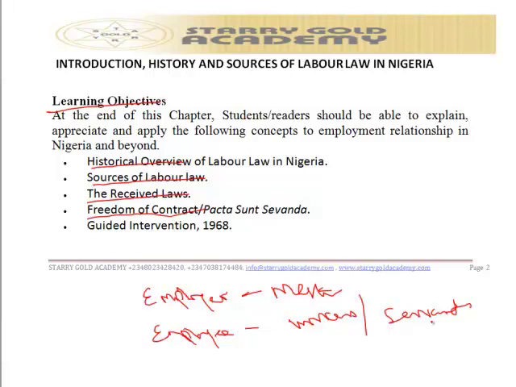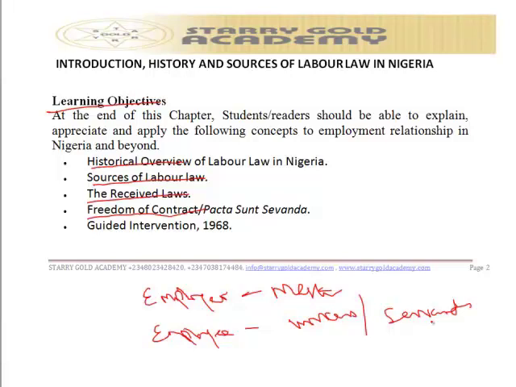When we are talking of capitalism, we are talking of an individual that owns property. And this situation accounted for the struggle between labor and capital. So there is a perpetual struggle between labor and capital. The capitalists want to have the larger part of what is produced, while the labor wants to earn a sustainable and adequate living.